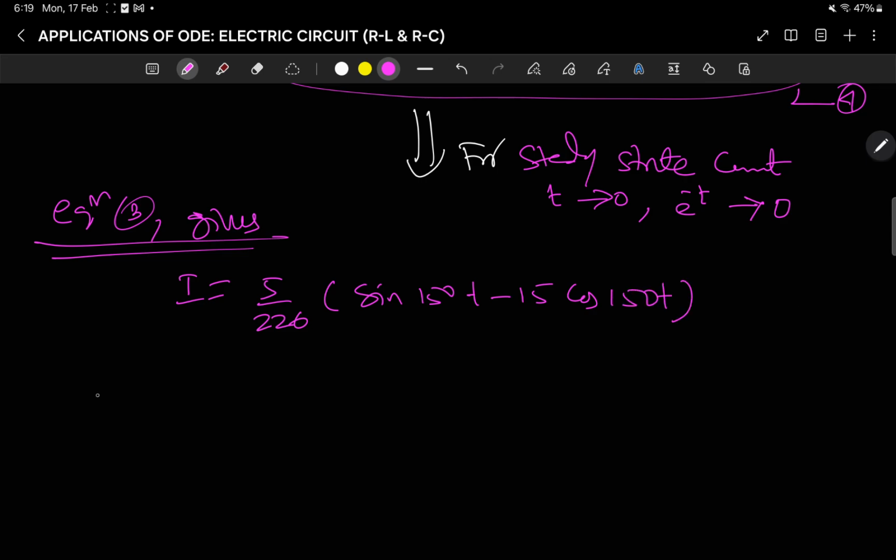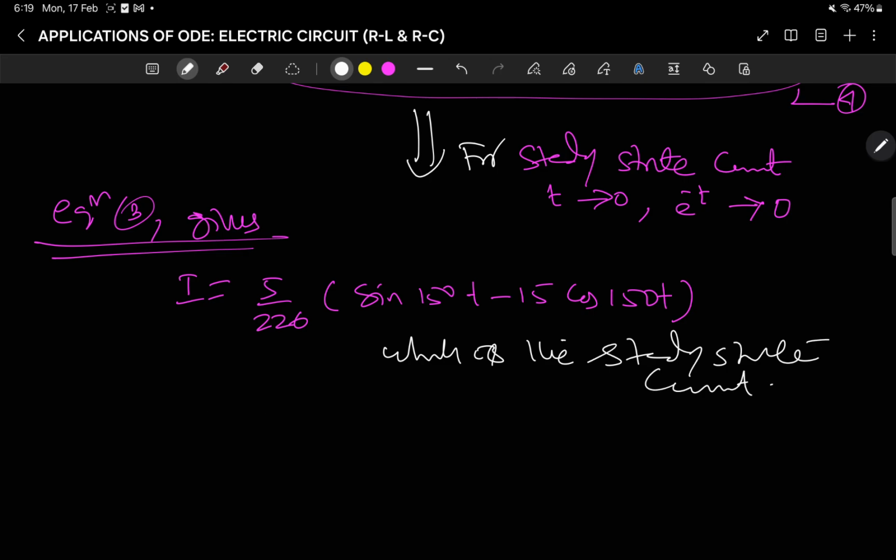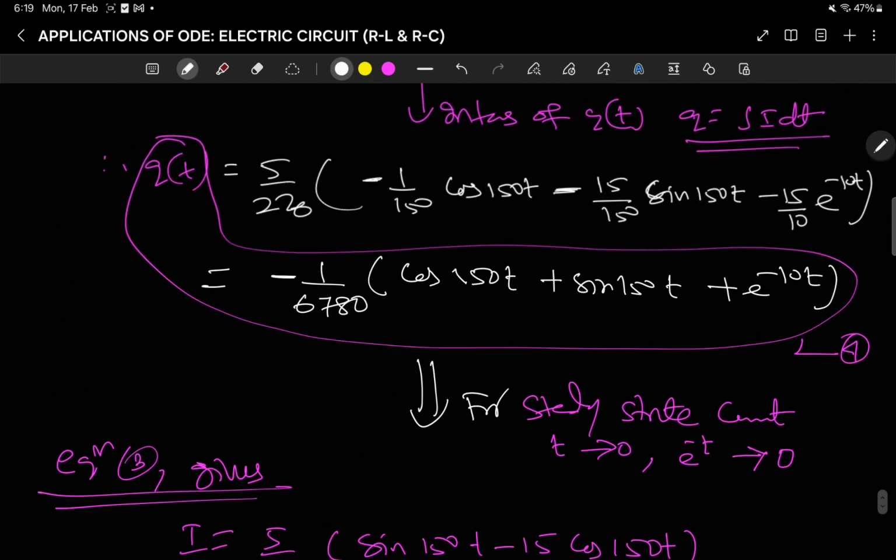Now similarly equation 4, which is the steady state current. Again equation 4 gives, in equation 4 this will tend to 0, e to the power minus t tends to 0.